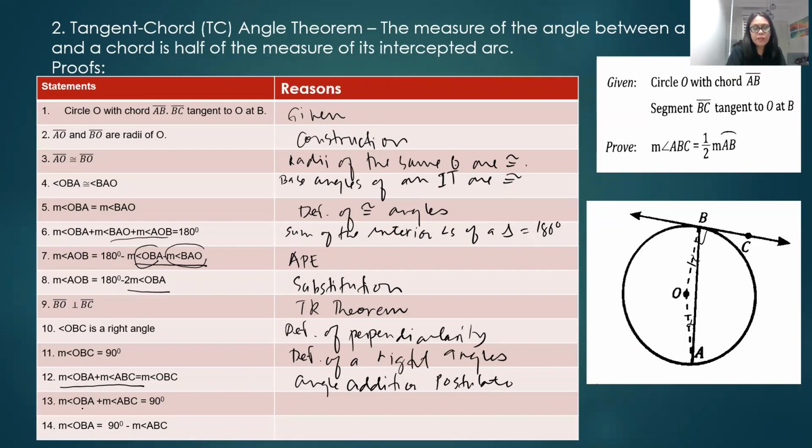Now we have the third statement, measure of angle OBA plus measure of angle ABC equals 90. So the sum of the two here equals 90. Whenever we have a pair of angles that equals 90, this is about the definition of complementary angles.